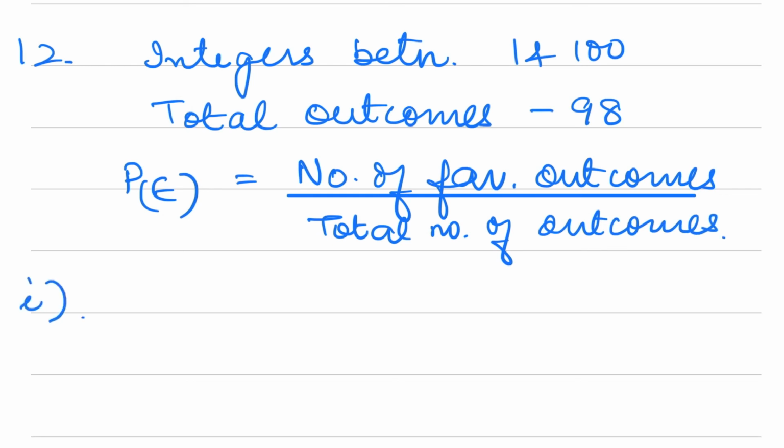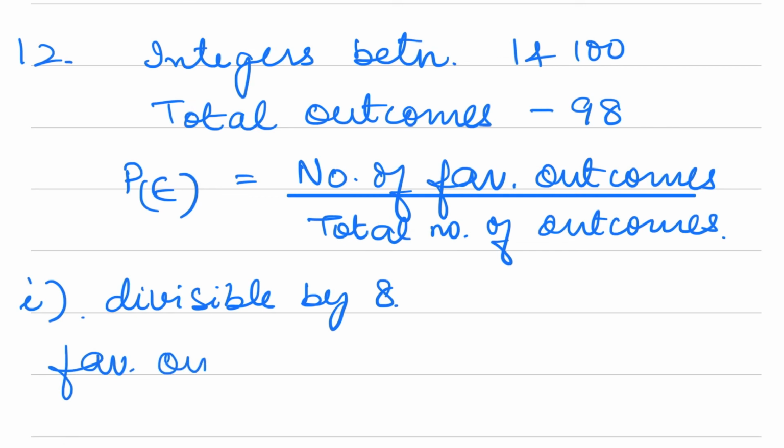So first part we have divisible by 8. Favorable outcomes here would be, so first number divisible by 8 between 1 to 100 will start from 8 and it goes on 16, 24 and the last would be 96. 8 times 12 is 96.